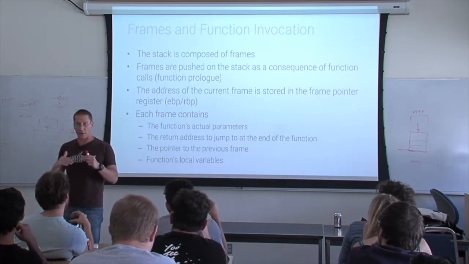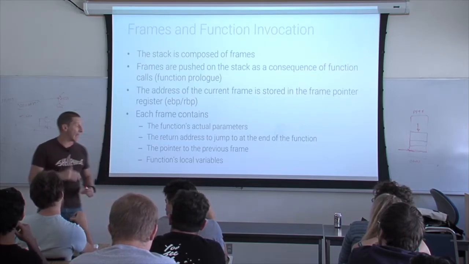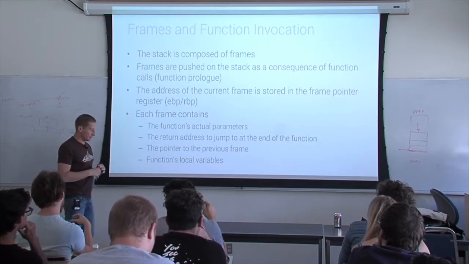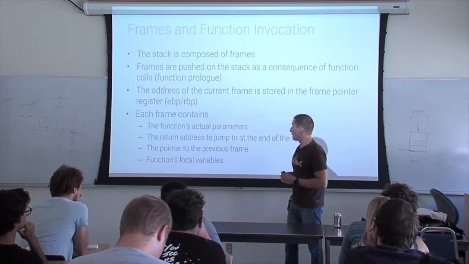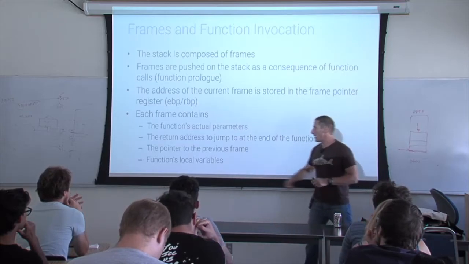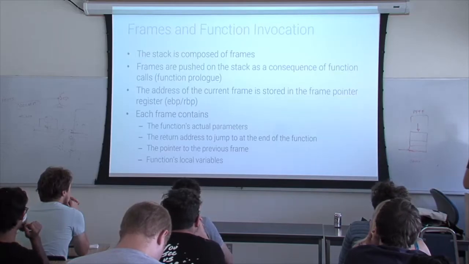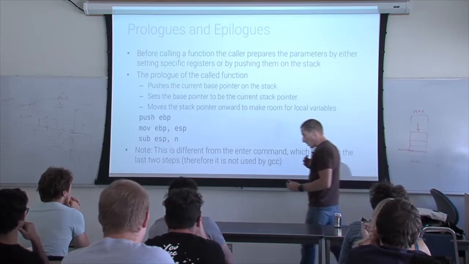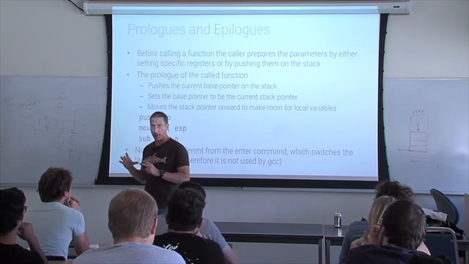After that, your stack is moved and adjusted to contain the local environment for the function, including the actual parameters, the return address to jump to at the end, the pointer to the previous frame, and the local variables. The handling of these frames is very important, and is done through prologues and epilogues.